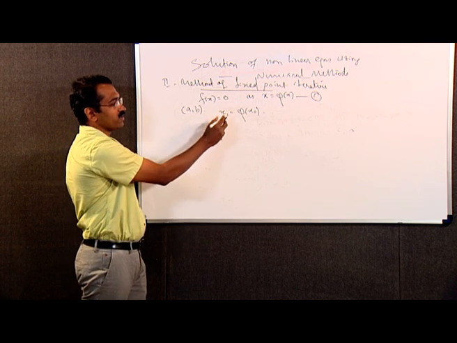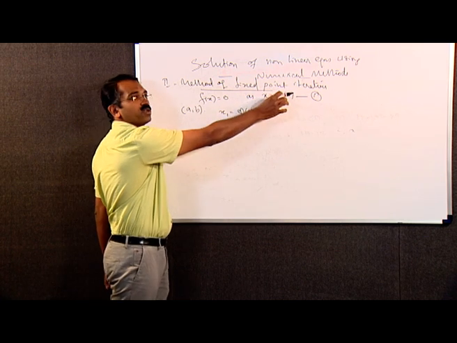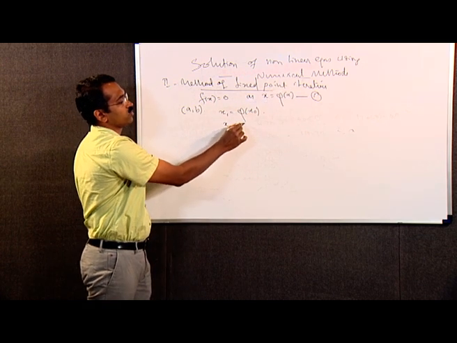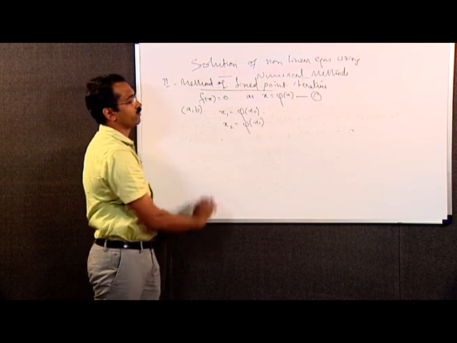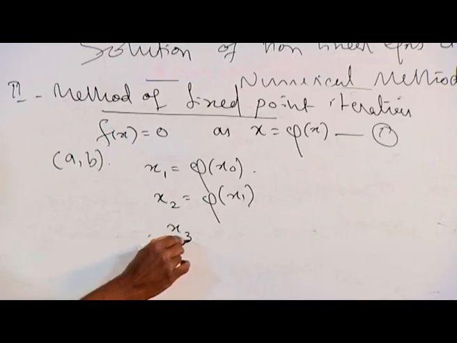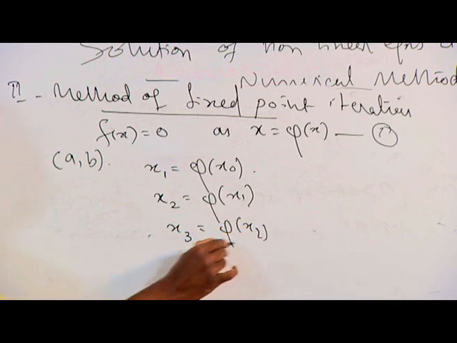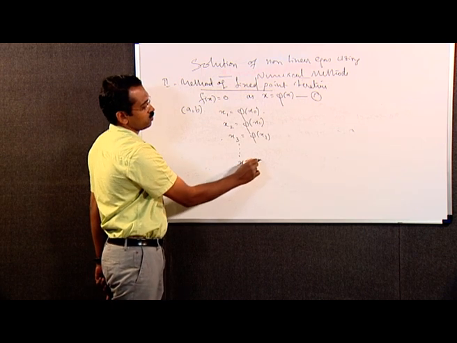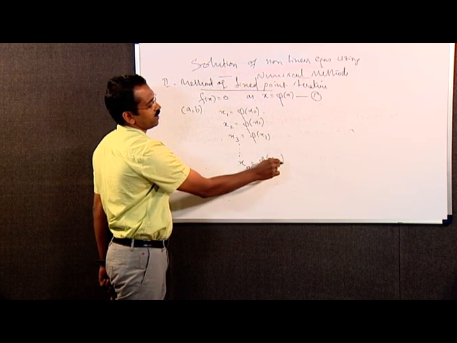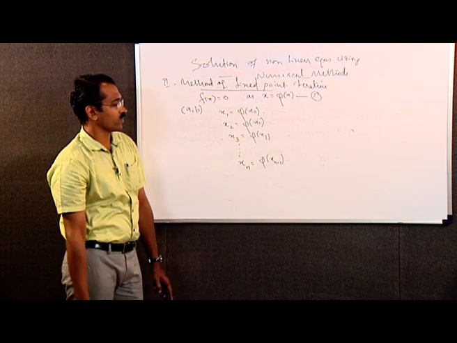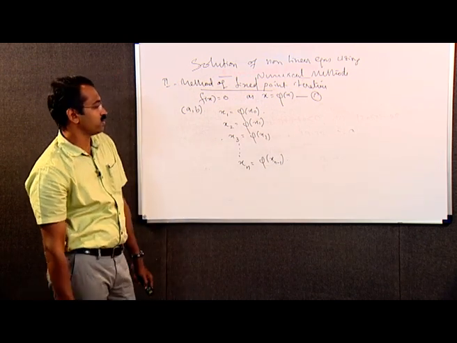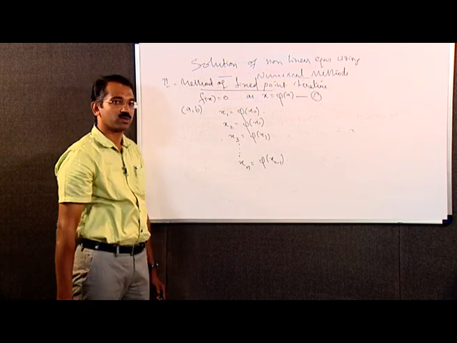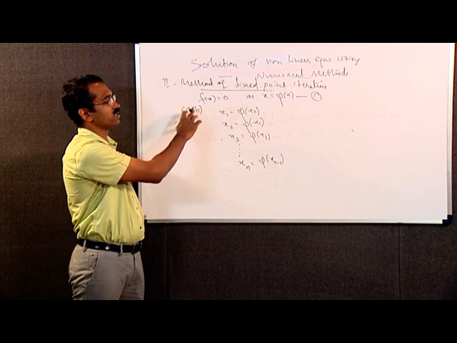In the next step, we put this x1 in the right hand side of the same equation, that is x2 equal to phi of x1. Then x3 equal to phi of x2, etc. In general, x n equal to phi of x n minus 1. After a finite number of steps, we will get the approximate value of the exact root. This is the fixed point iteration method.